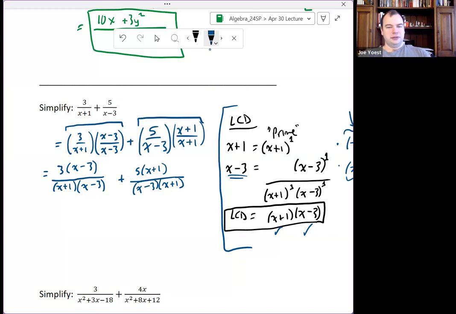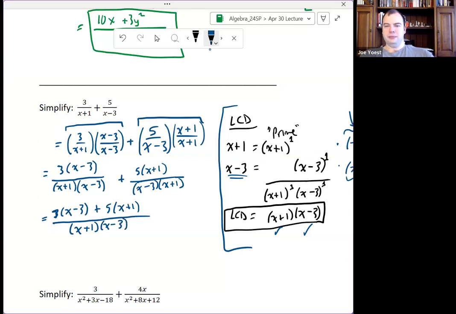Now at this point, I need to do a little more simplification. I note that I have common denominators. I have the same denominators in the first and second fractions. If I add the two fractions together, I can do that by adding the numerators and keeping the same denominator.